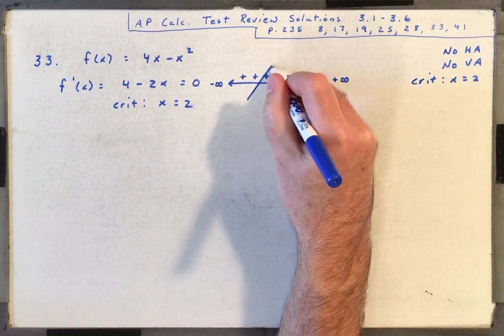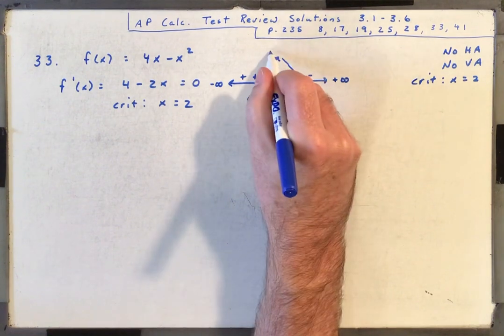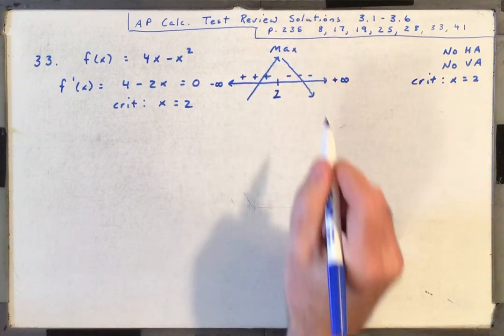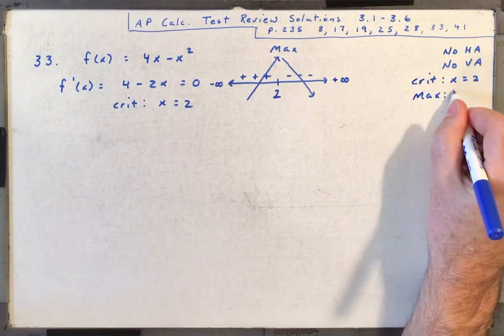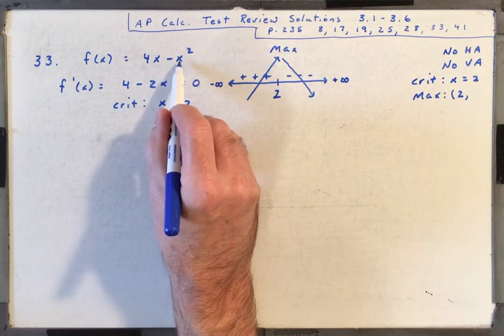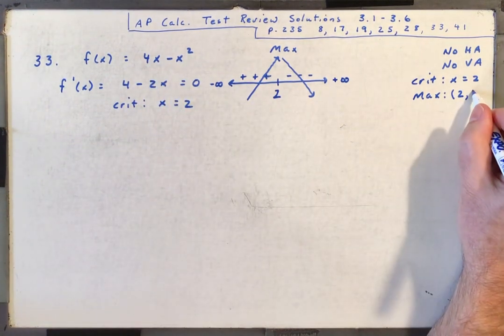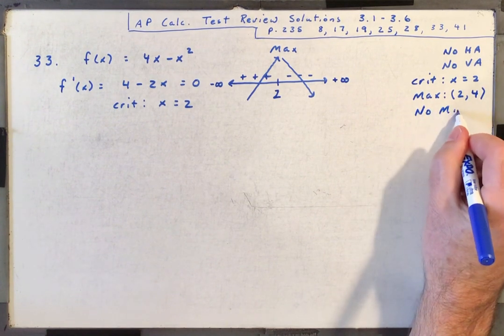So we are increasing until we get to 2, and decreasing, so we do have a maximum at 2. So we have a max at the point 2, plug 2 in, that's 8 minus 4. So at the point 2, 4, we have no minimum.